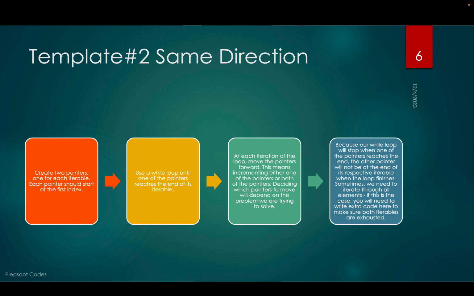How are you going to solve it? You create two pointers, one for each iterable, array one and array two, and each pointer should start at the first index. And you create a third array which is going to be the merge of these two, and it should also be sorted.